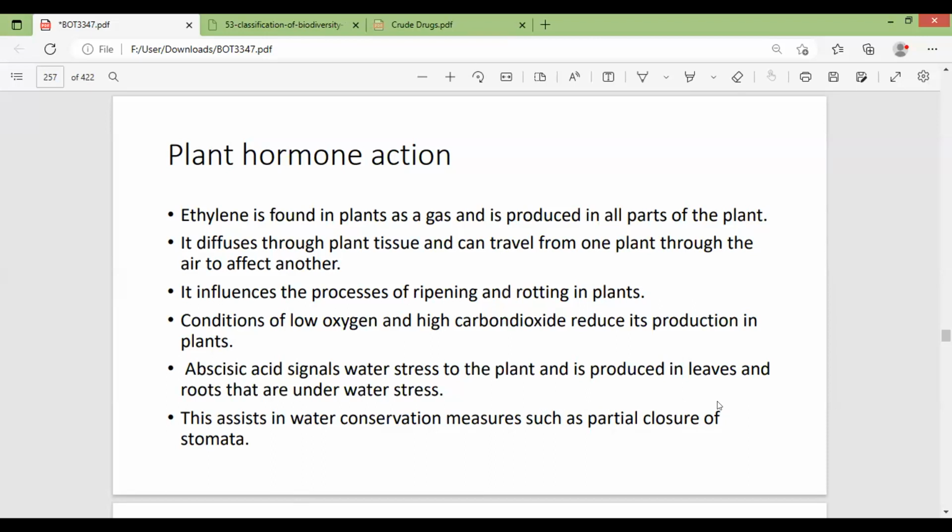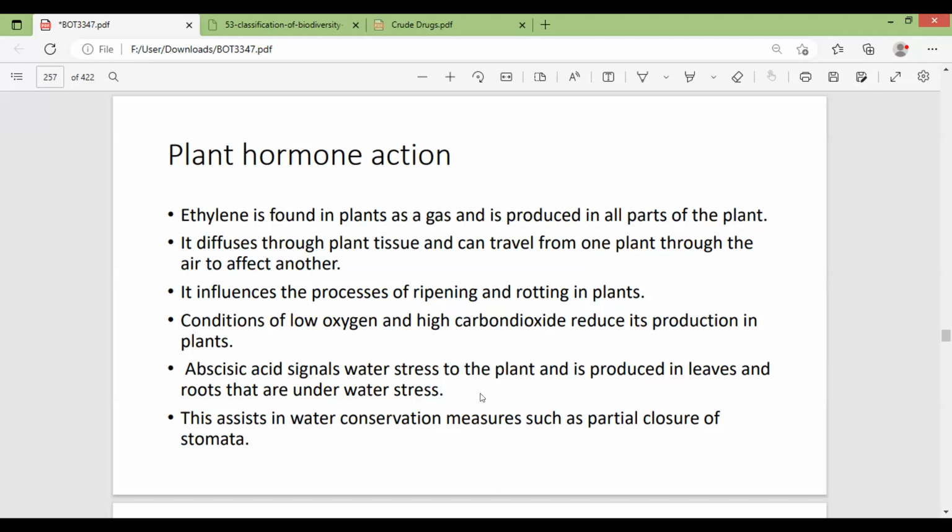remember we talked about the stomata and the guard cells. The guard cells are involved in the opening and closing of the stomata. So if there is no water, abscisic acid stimulates the guard cells to close up the stomata so that the plant does not lose water through transpiration.